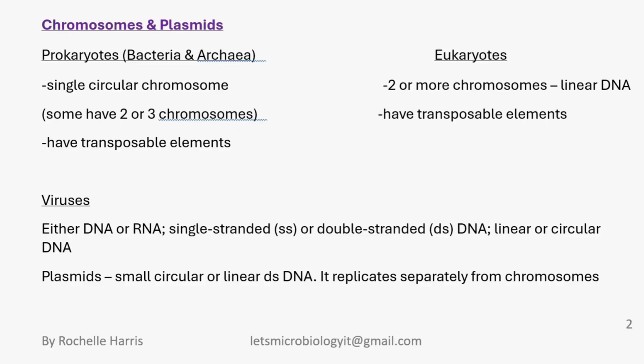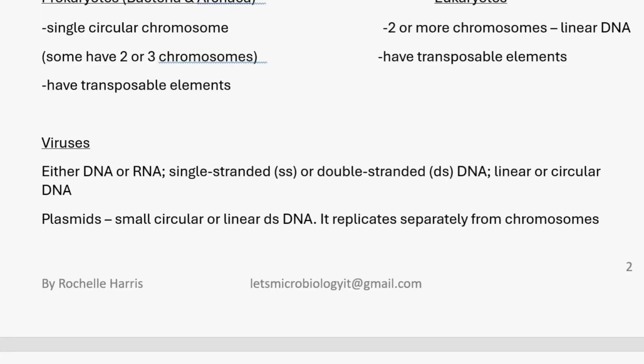Both types of cells contain transposable elements, sequences of DNA capable of moving within or between DNA molecules, which influence genetic diversity and genome evolution. Plasmids, found primarily in prokaryotes, are small circular or linear double-stranded DNA molecules that replicate independently of chromosomal DNA.